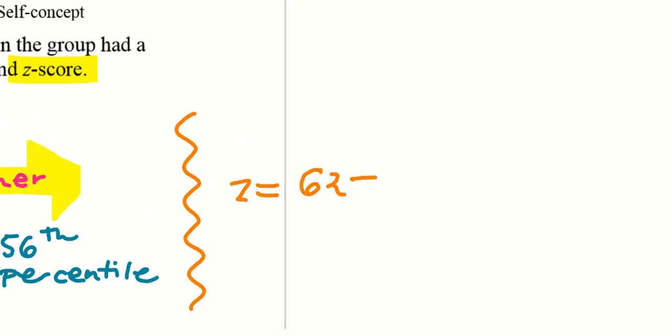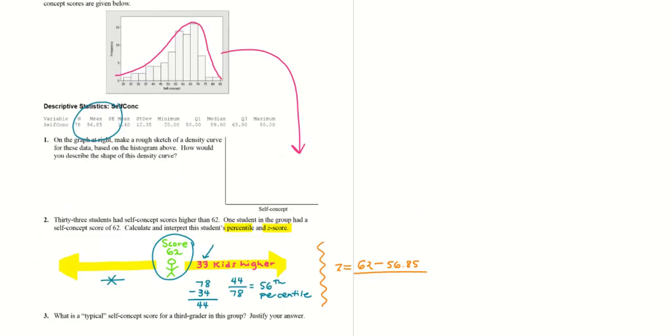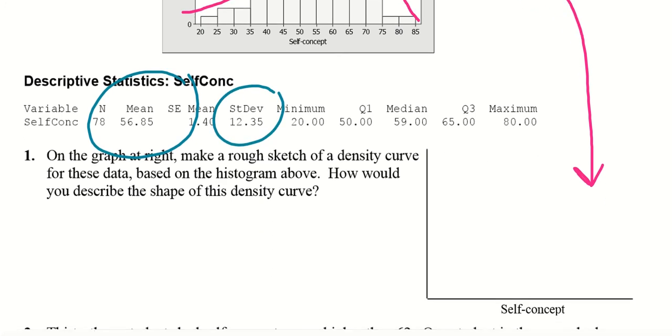So 62 minus 56.85 divided by the standard deviation, which according to my summary statistics is right here, 12.35.